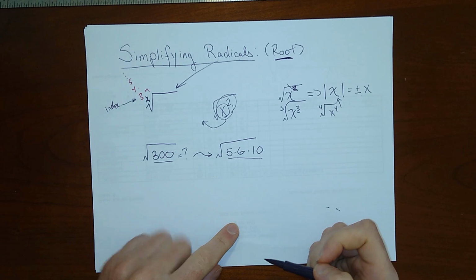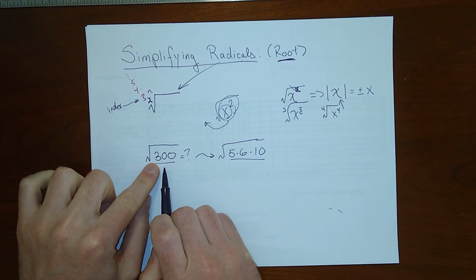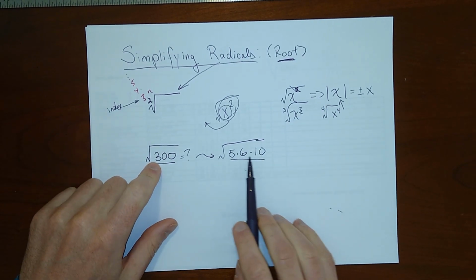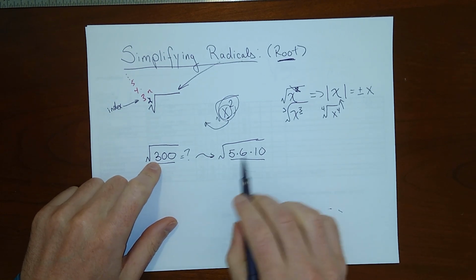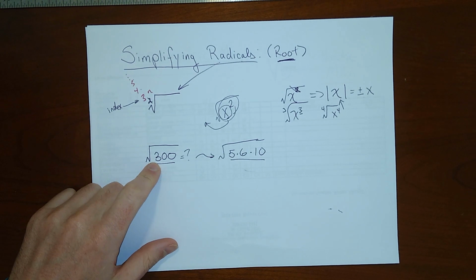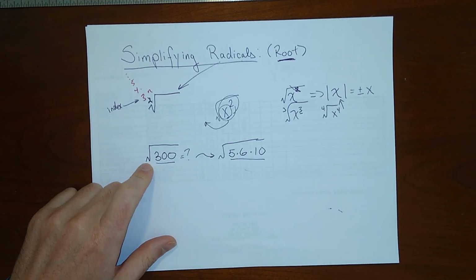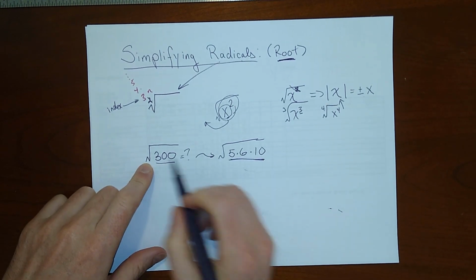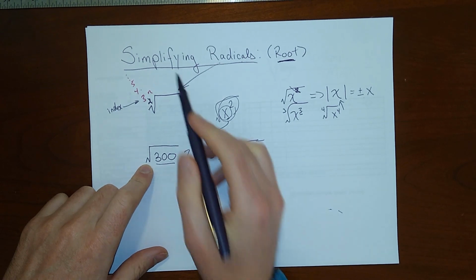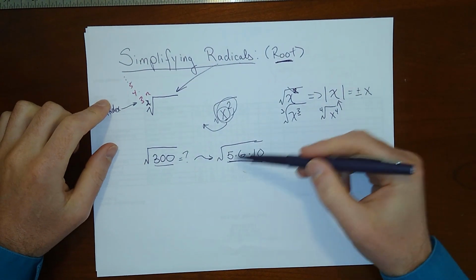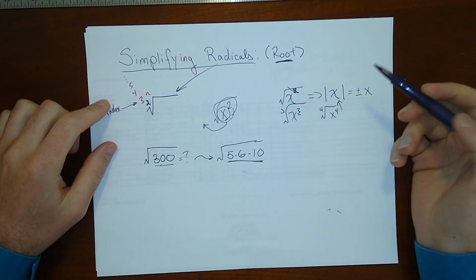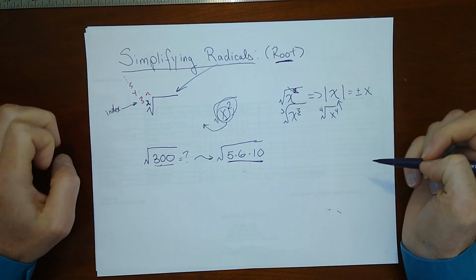This is still 300. I haven't changed anything, and I also haven't broken my rule. I have not released anything from the radical. There are no squarings in here, so nothing can be released yet. So trying to factor it like this in order to simplify this radical doesn't really help me, because this is not really any simpler than just having 300 under the radical.